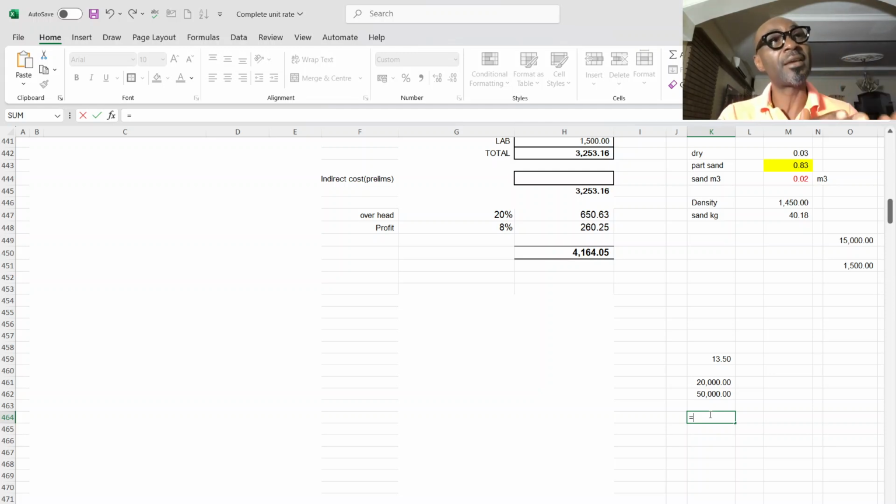Because what the client needs to do is to get your site register, to know the equipment you have on site within the period you are laying claims, the personnel that are on site within that same period, all the things you have on site, because your claim does not affect your direct works. It's only affecting the indirect works.